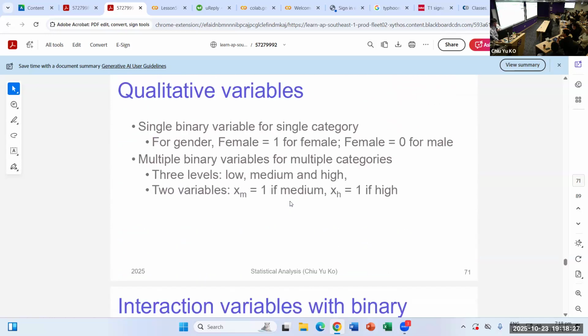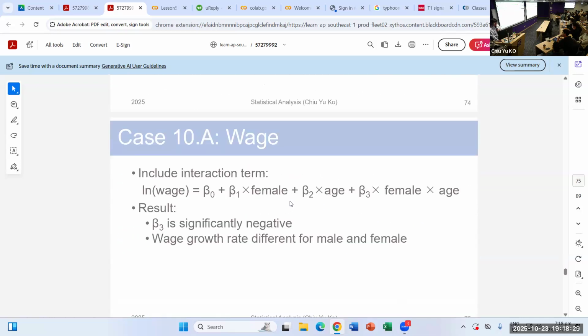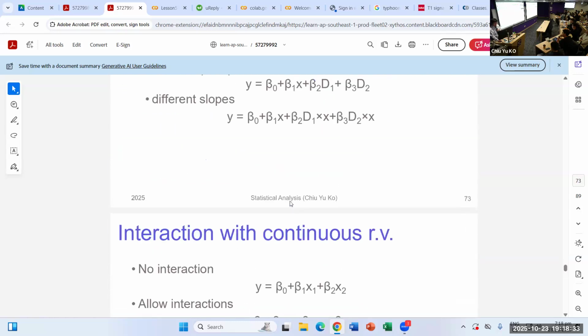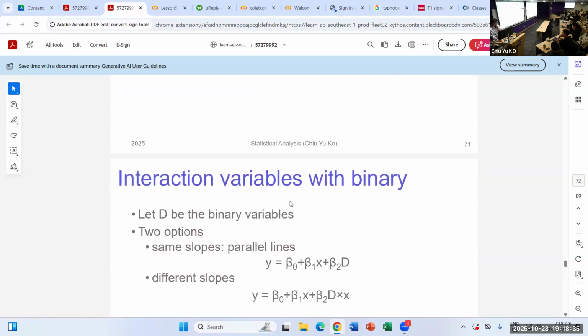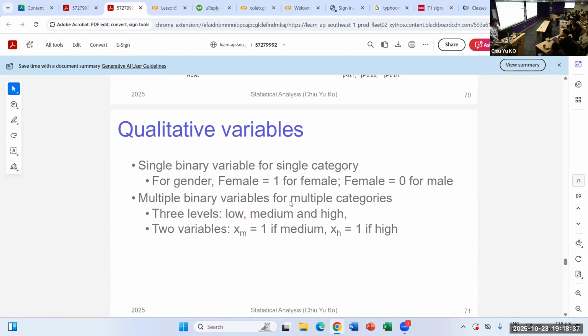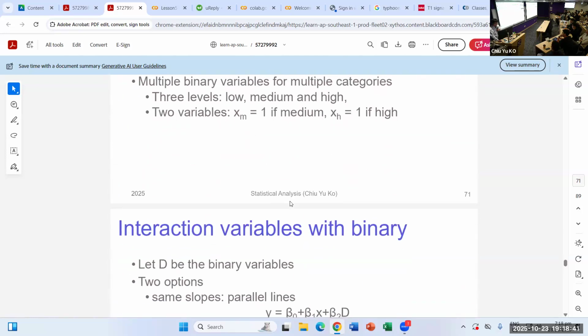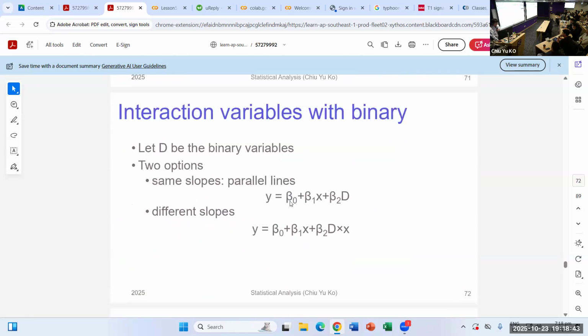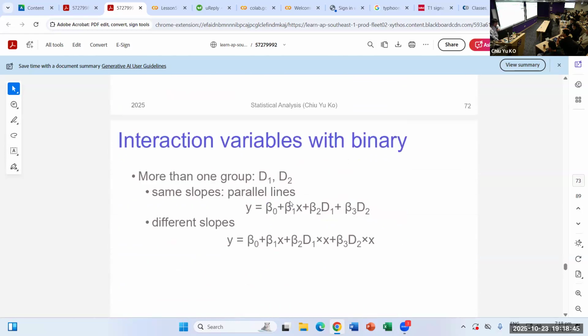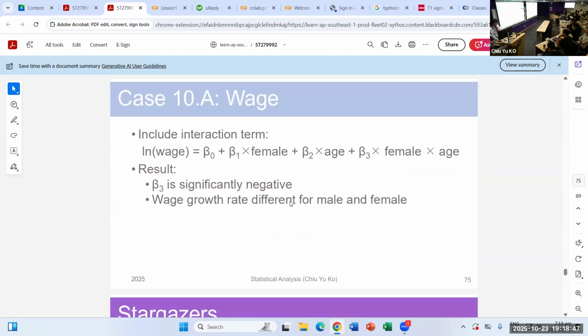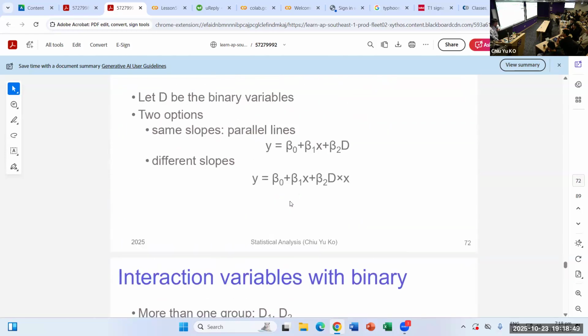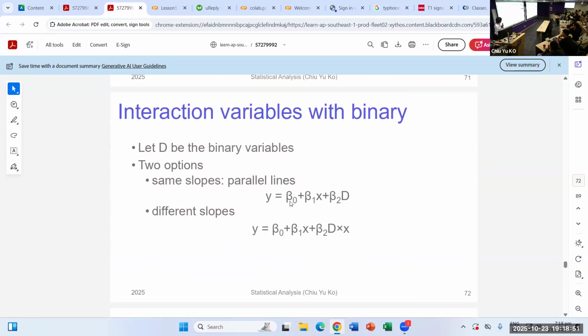After that, I want to talk about what we call the interaction, which is also important in regression.